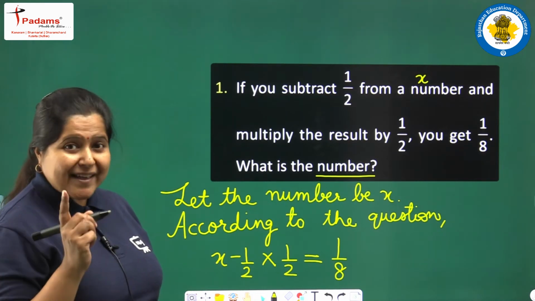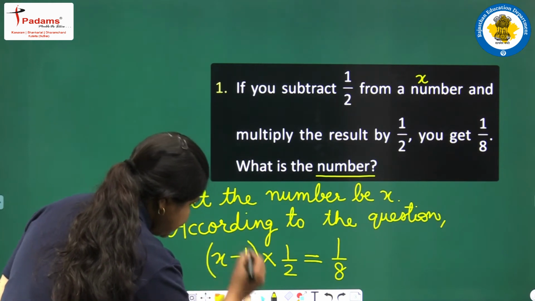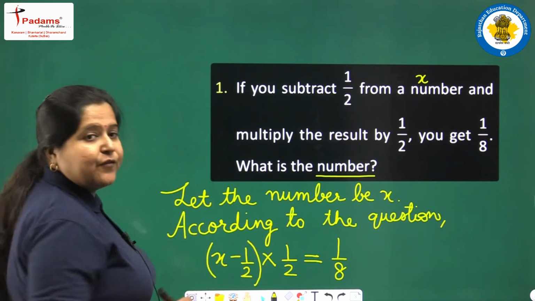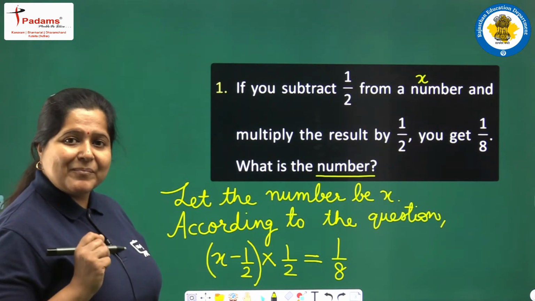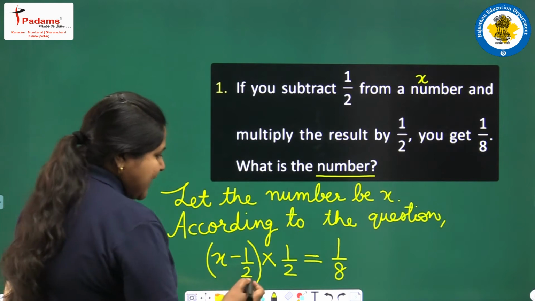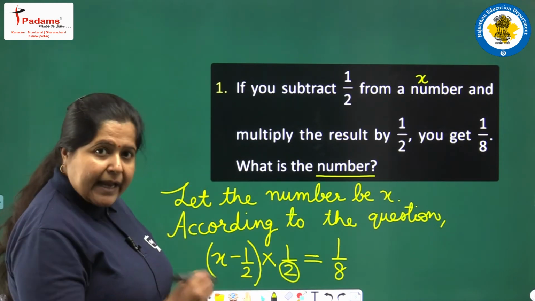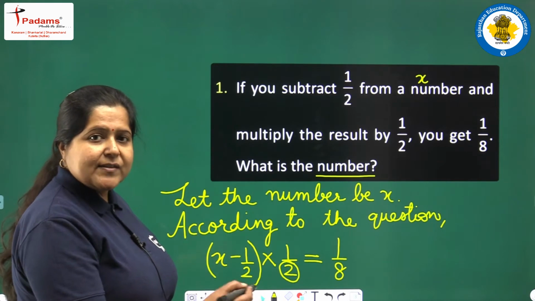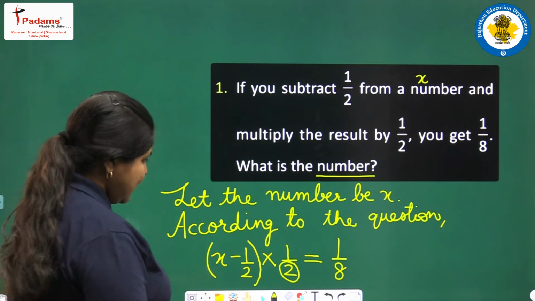Yes, one bracket is missing here. The result of subtraction will be given by this full number and therefore it needs to be placed inside a bracket. After that you can see that this 2 is in division here, and on transposing to the RHS it will move into the multiplication part. Let us do it.